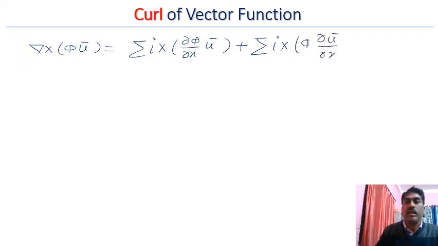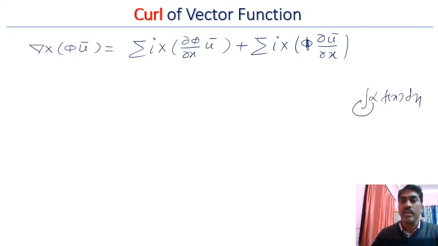Because phi is a scalar quantity and summation does not run for phi, summation runs for i and x, we can take this phi outside the summation. This is similar to taking alpha outside the integral of alpha f of x. So let us do the same thing.